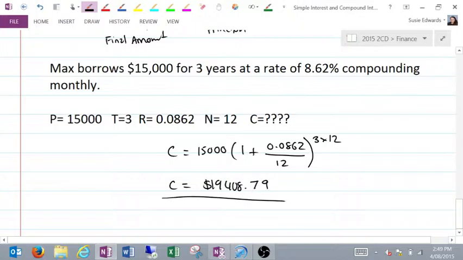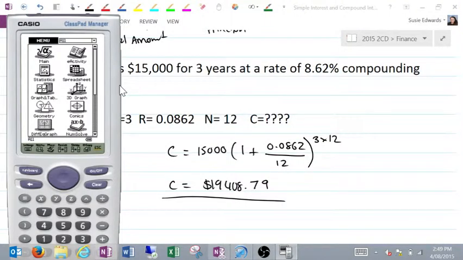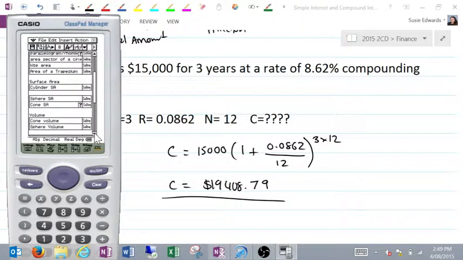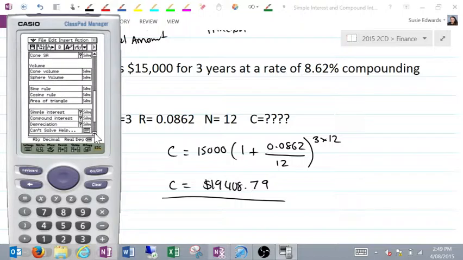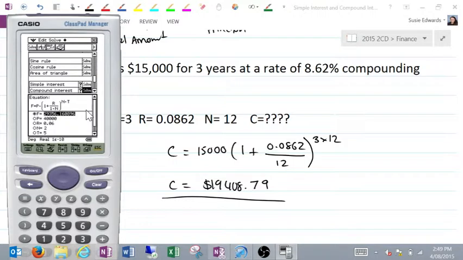All right, very quickly, in your ClassPad calculator, almost all of you have the e-activity. And if you don't, you should get it from me at some point. In e-activity, it says simple interest, compound interest. Can everyone go to the compound interest one?